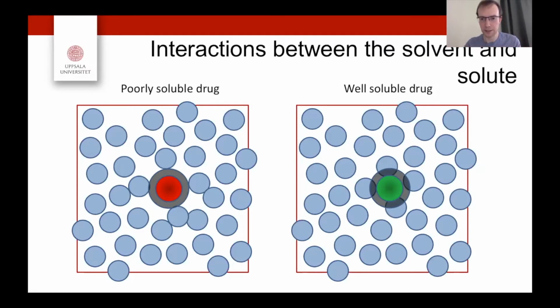And yeah, this I will show on the next picture. But the point here is that in molecular dynamics simulations, we tune the parameters so that either our drug molecule or some other excipient would react either attractively or repulsively towards the other molecules, towards the solvent.